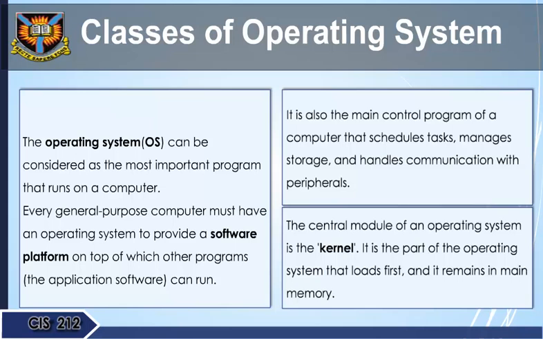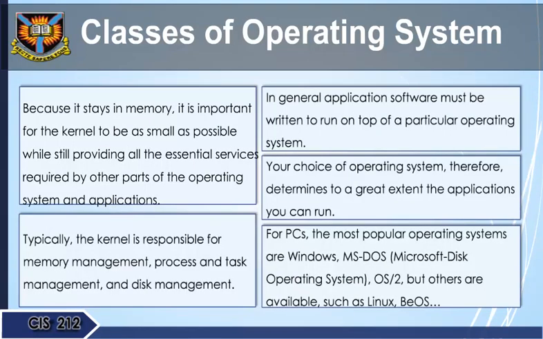It is a part of the operating system that loads first and it remains in main memory. Because it stays in memory, it is important for the kernel to be as small as possible while still providing all the essential services required by other parts of the operating system and applications.